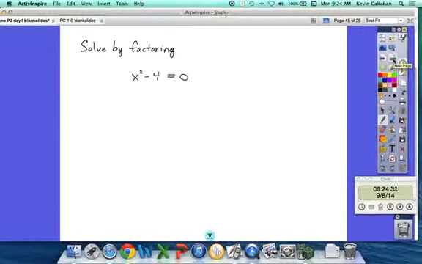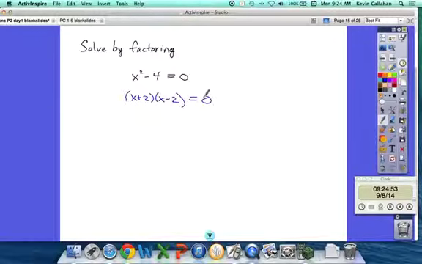How about this one? Solve by factoring. I think we did this one before. It's the difference of squares, right? So x plus 2 times x minus 2 equals 0. Which term is this one missing? The x term, right?